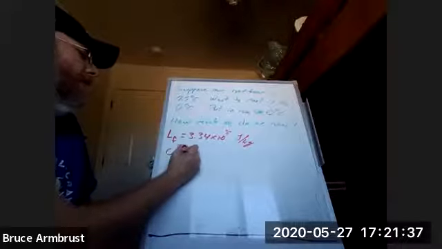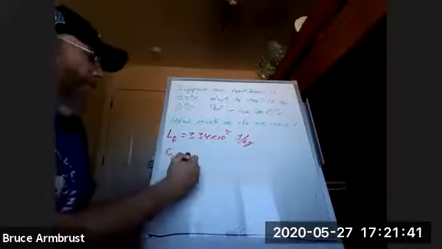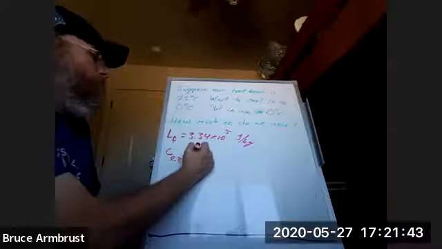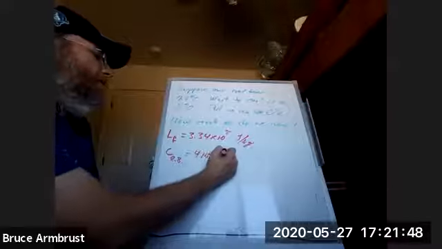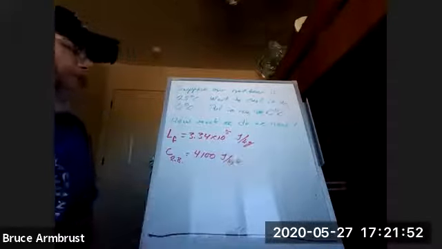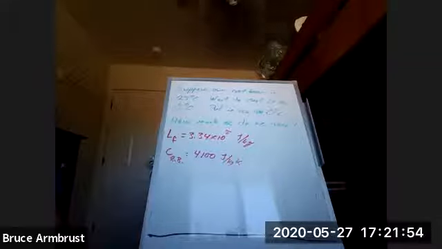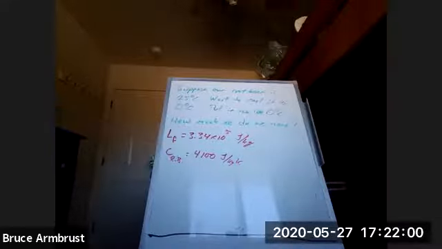It's mostly water, so let's just say it's 4,100 joules per kilogram Kelvin. Since the root beer is primarily water, we're going to use a number that's pretty much the same as the specific heat for water.